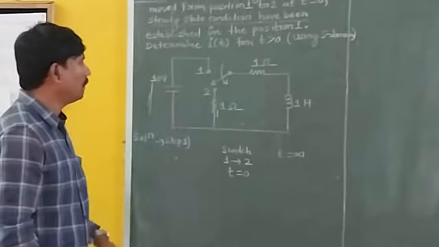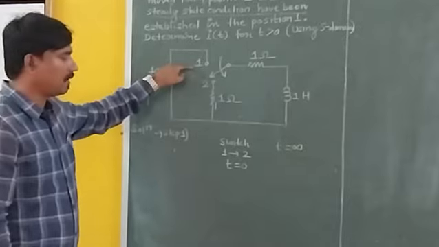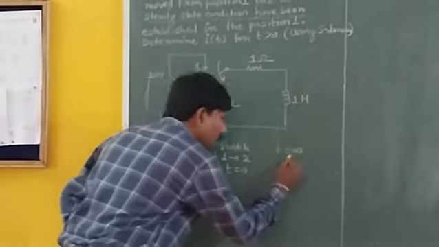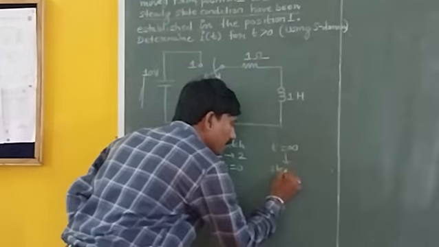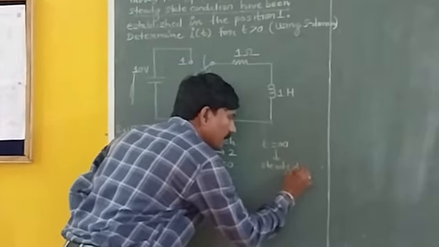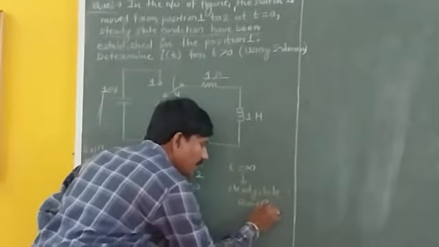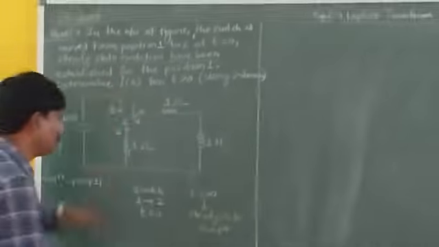Got it? So, whenever I want to solve this question, I want to use this condition at t equals infinity, which represents the steady state condition. This steady state condition is at position 1.